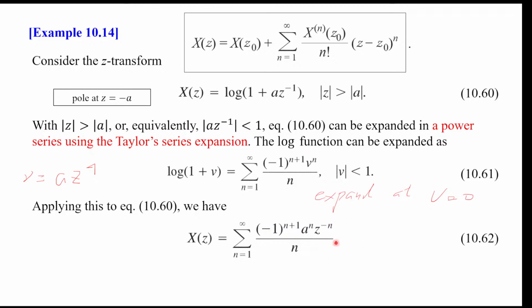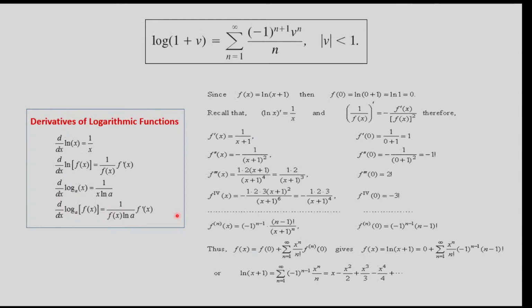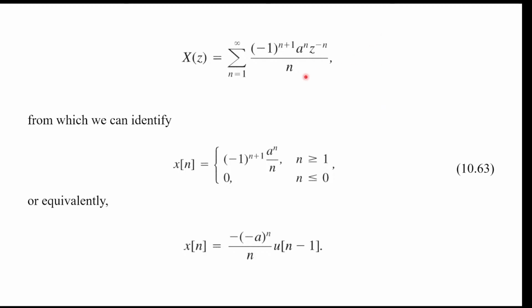So with this formula, this is once again a power series of z. With this power series of z, we see that our x of n is, well, now we only have negative powers of z, so it's 0 for n less than or equal to 0.